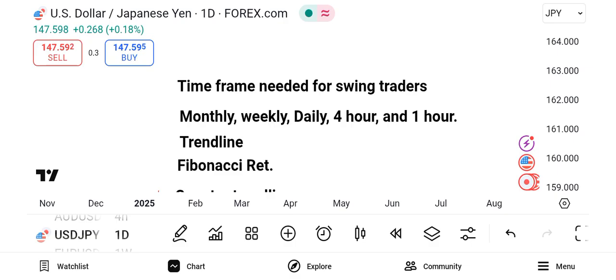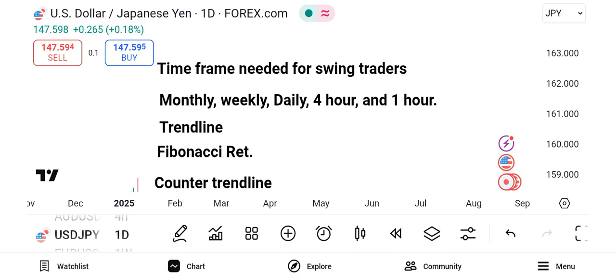So first and foremost, for you to understand a top-down analysis, what is top-down analysis? Top-down analysis is just going on a higher time frame to see the bigger picture, the overall picture of the market.